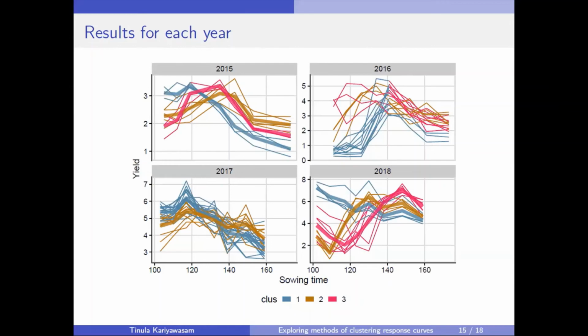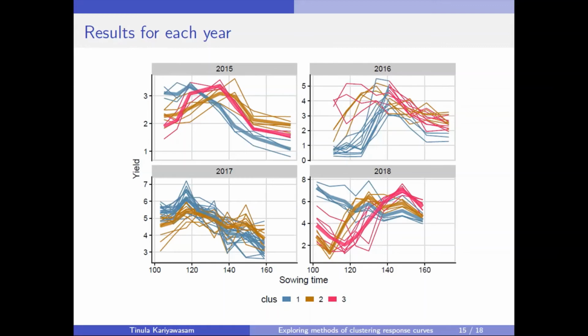And let's say between sowing times 100 and 120, cluster 1 in 2015 would be the highest yielding varieties. So are those varieties the same in 2016 when it looks like cluster 3 is the highest yielding cluster group? Same for 2017 when it's cluster 1, and same for 2018 cluster 1 as well. So are those the same exact, or are there varieties in there that are the same?